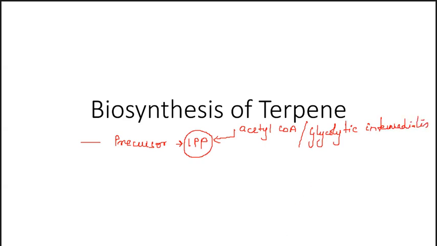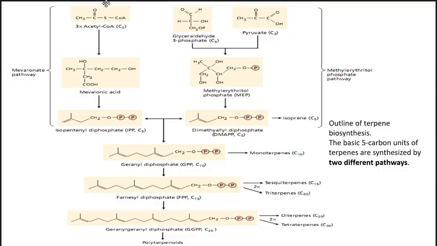Now see the picture. When three molecules of acetyl CoA combine, it forms mevalonic acid. I told two pathways are there. One pathway is the mevalonic acid pathway, this one. Another pathway is the MEP pathway, which is the methyl erythritol pathway.